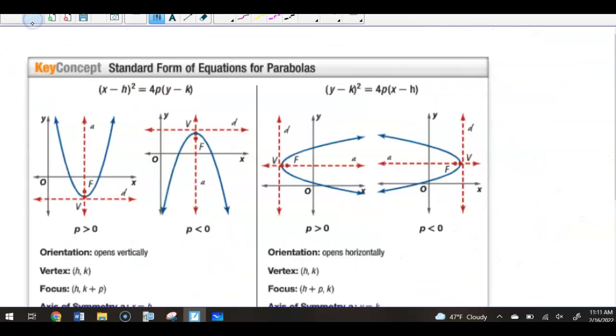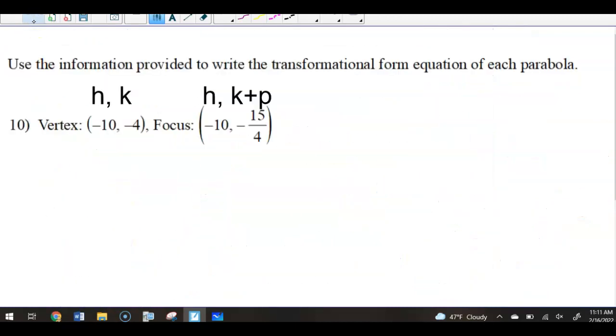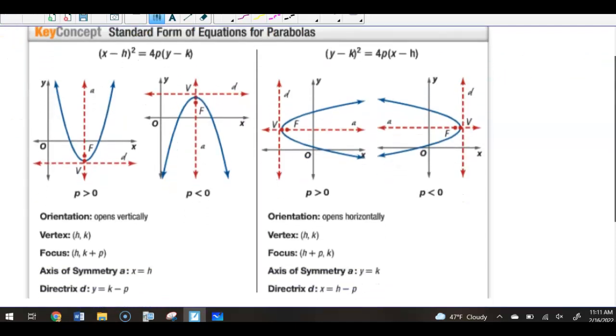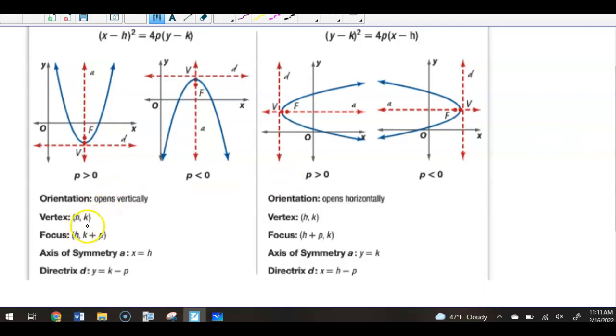All right, so I think we still need to talk about these kind where you have some information. So what I did was I found the one where this number stayed the same on this sheet. So where the x value stayed the same was this one.